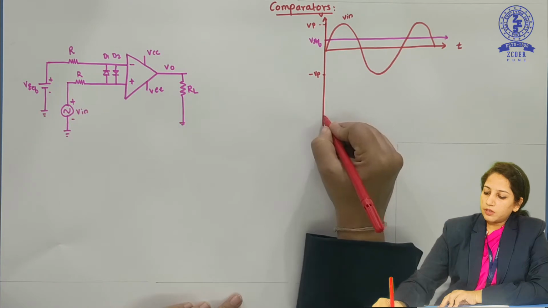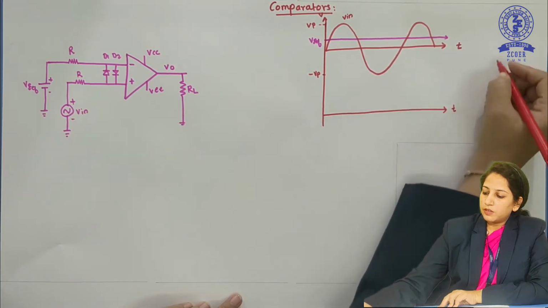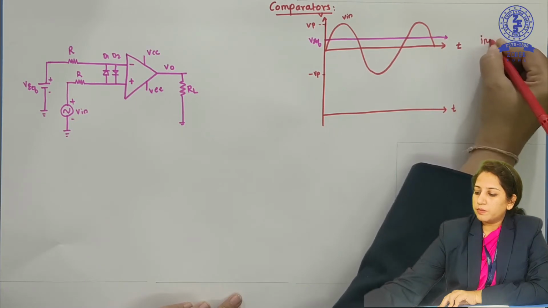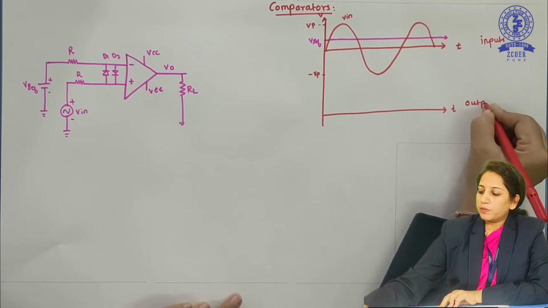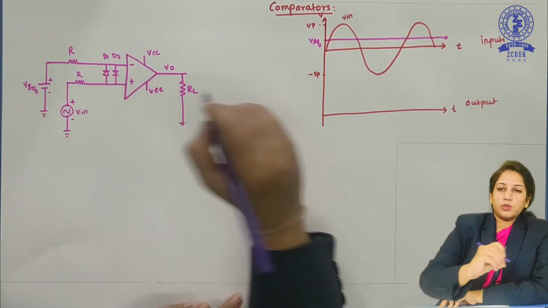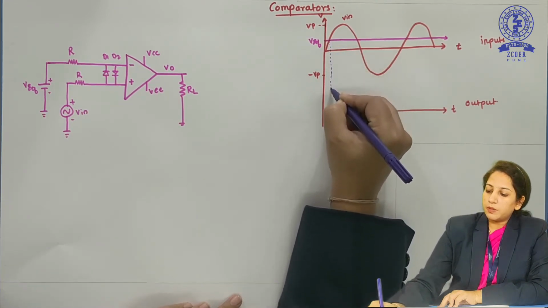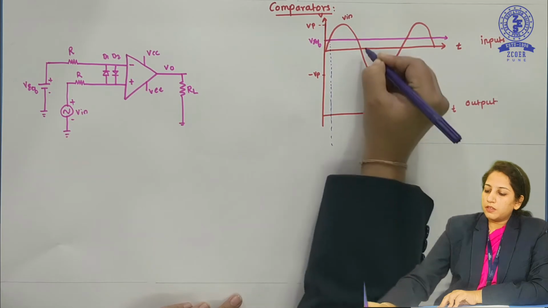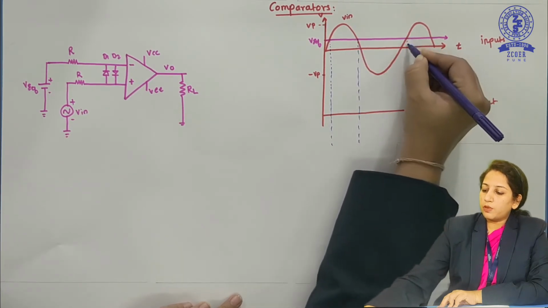And here these are the inputs, and we will get the output here. I have told you that I will be plotting two lines for the reference.